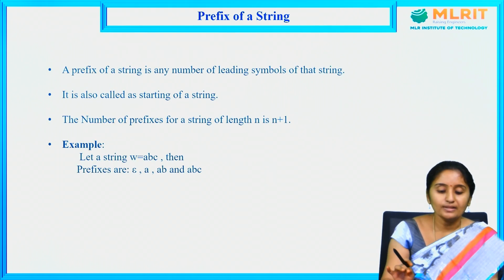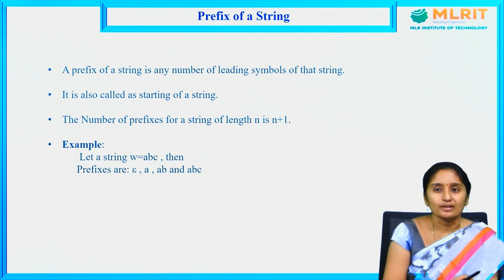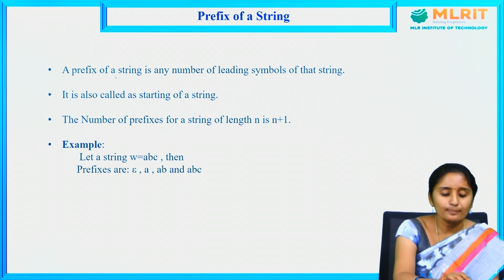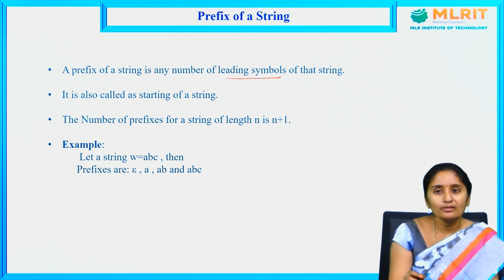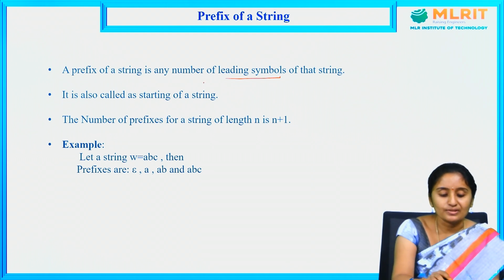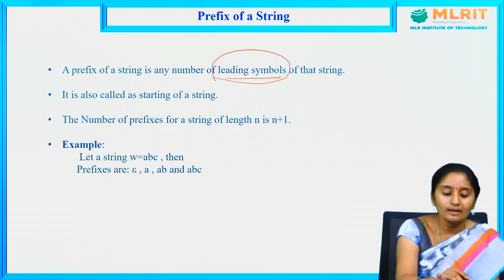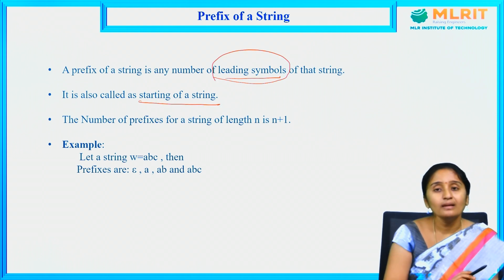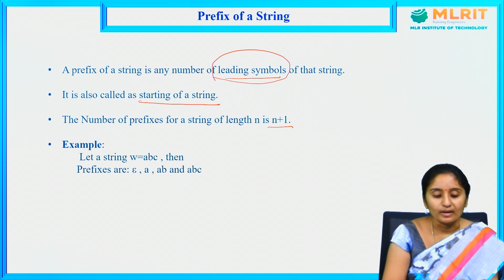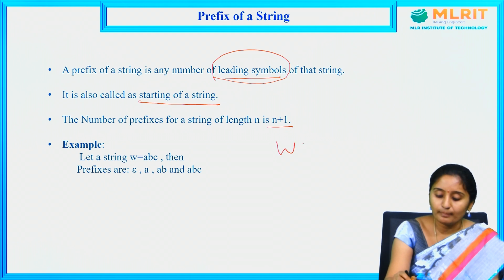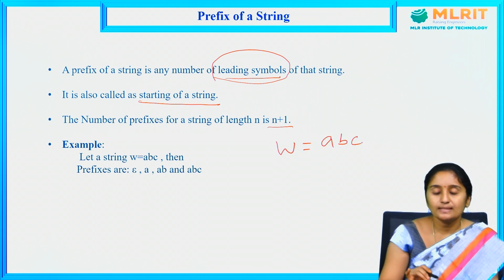The next one is the prefix of a string, which we already know. What is a prefix? A prefix is nothing but the leading symbols, or starting symbols, of a string. We also call it the starting of a string. The number of prefixes for a string of length n will be n plus 1. For example, W equal to ABC is my string.